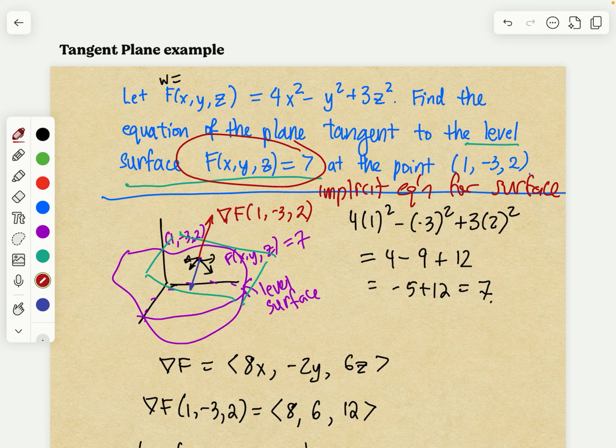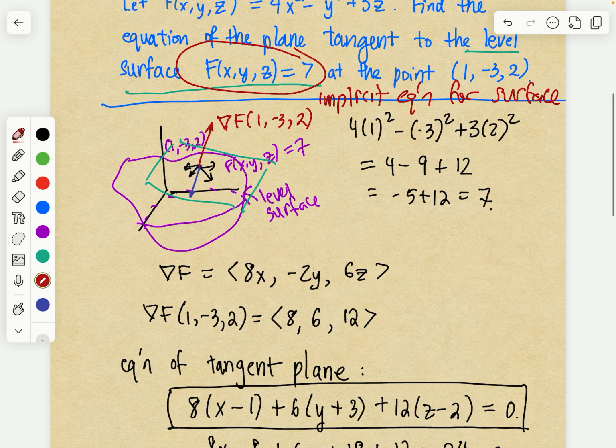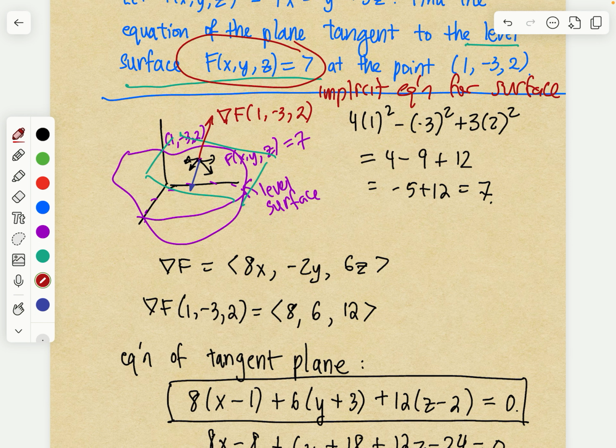It's not given in the form of the graph of a function. It's not like z equals something. It's something in terms of x, y, and z equals a constant. And so again, we would use the gradient for this. There's a different formula you can use when your surface is of the form z equals a function of x and y.